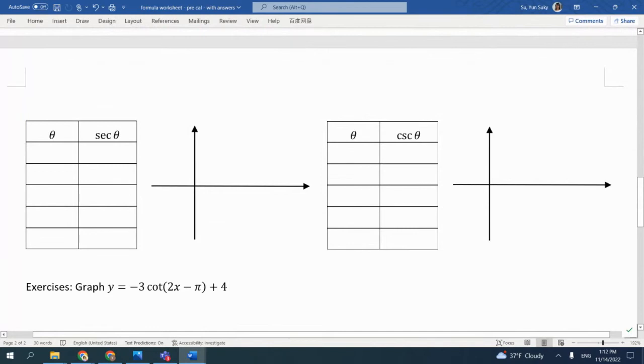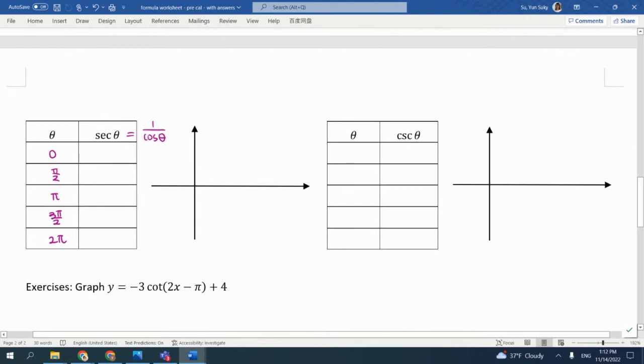Secant. Secant is 1 over cosine. Right, everybody? So our special values for cosine are 0, pi over 2, pi, 3 pi over 2, and 2 pi. And usually, how do I draw secant? I draw the cosine first. And then I remember 1 over cosine is the secant, so I flip it over.